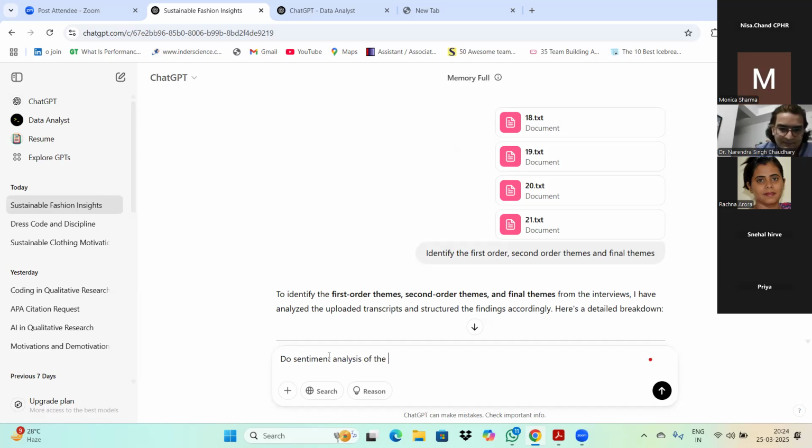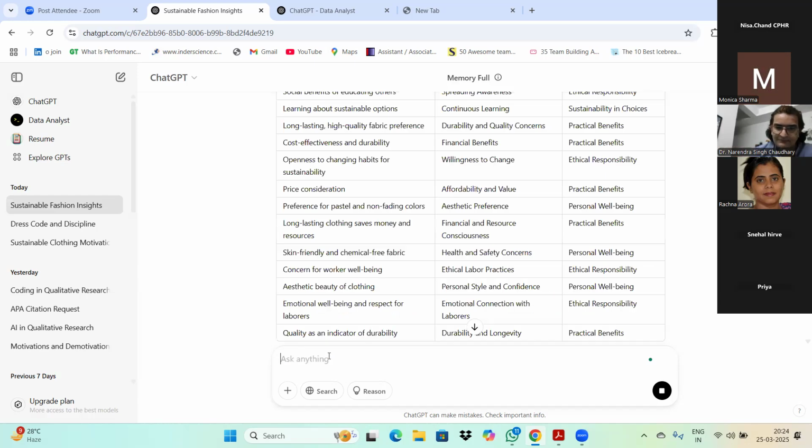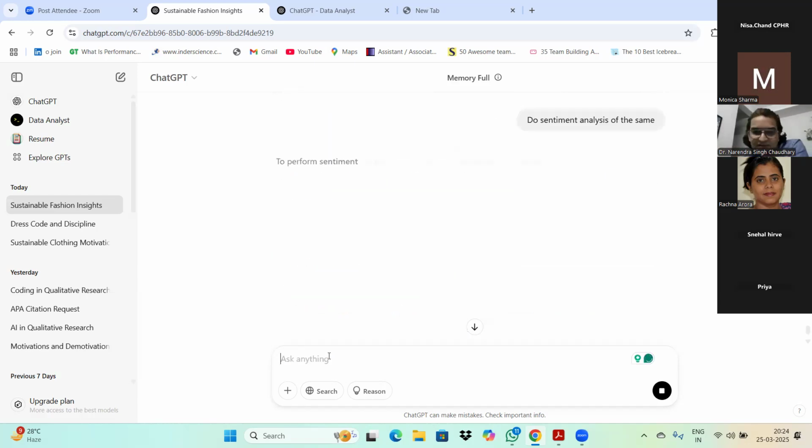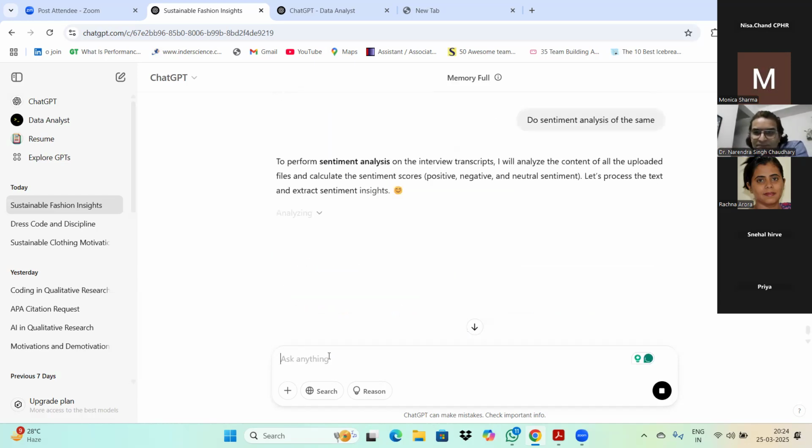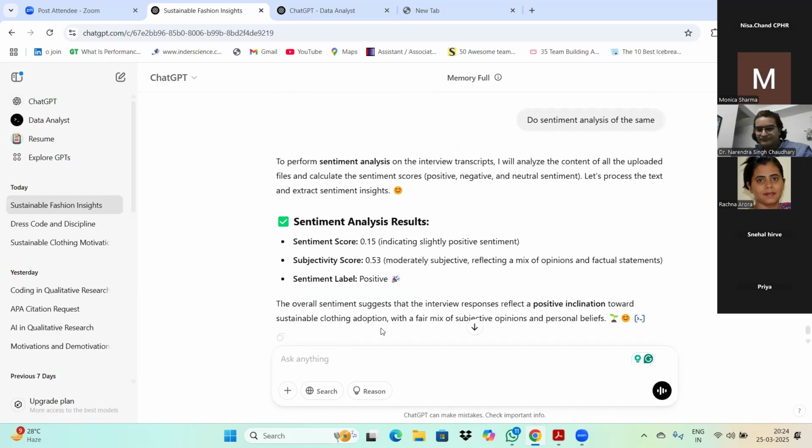Sir, one query I have also. This is Rachna here. Sir, my question is, whenever we are uploading a research paper to a journal, there is one column where they are asking whether there is any AI generated content or image taken. If yes, please specify. So is it okay if we write there that we have used AI?